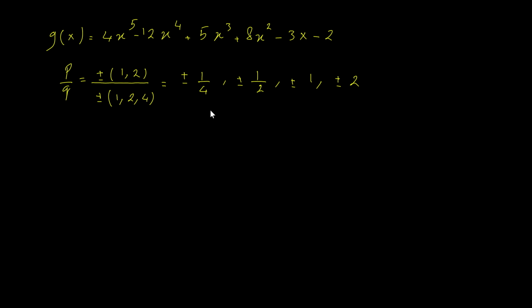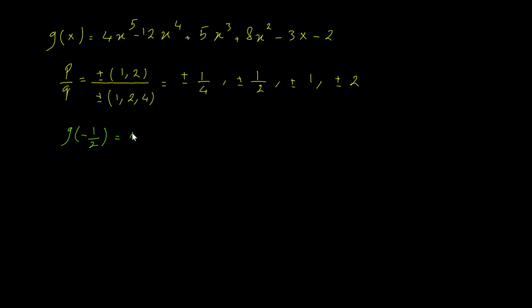For the next step, we plug these 8 into g of x as x values, and we find that we will have only 3 actual roots. Those are going to be g of negative 1/2.